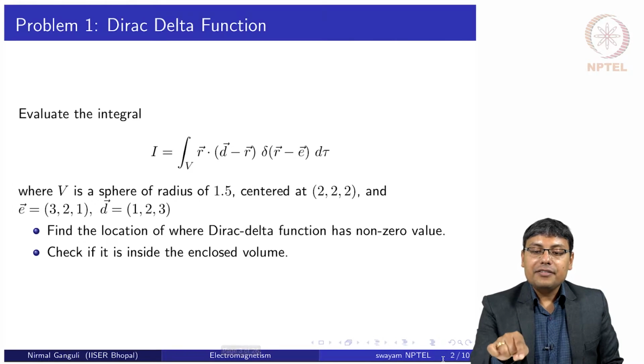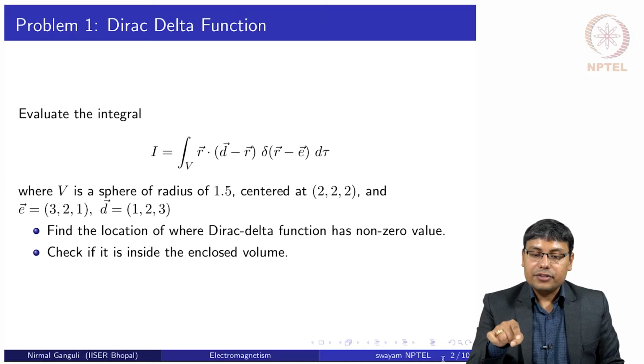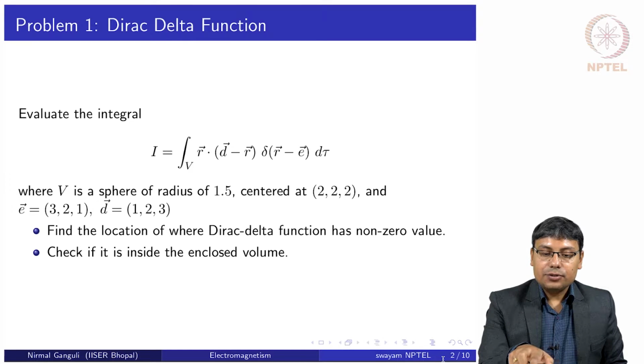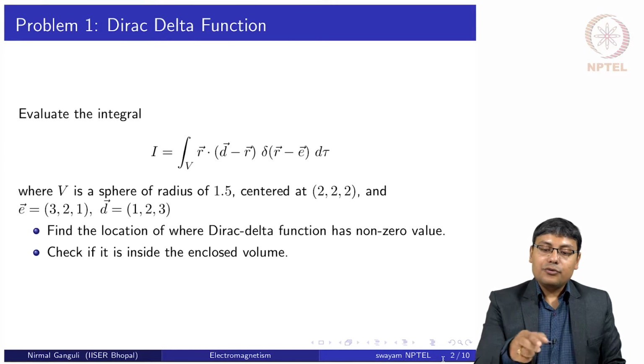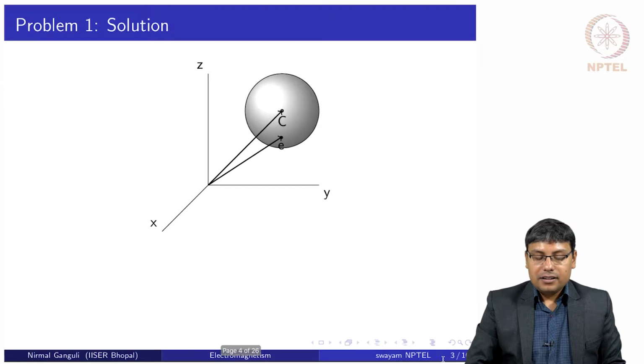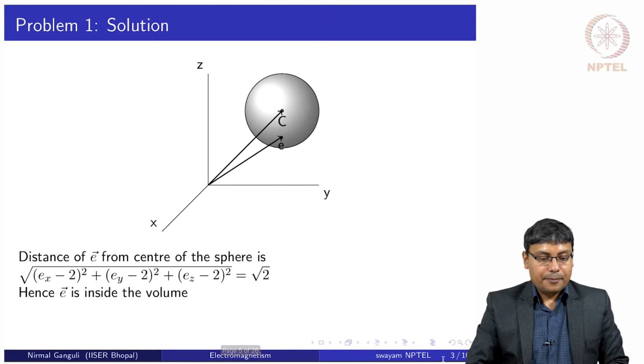So, we will have r equals E in order to have some non-zero value of the delta function, and for the other parts, wherever we find r, we can put the value of E there. We can perform the integral that way.